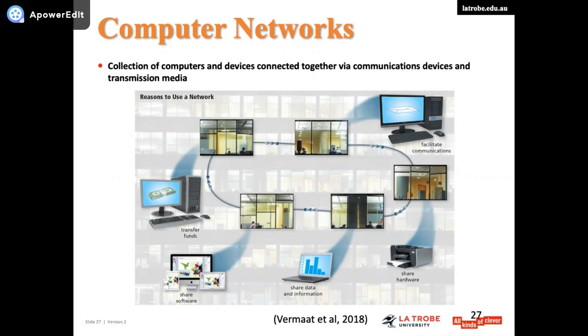Later, when the computer network was invented, people found that by connecting computers together, we can very efficiently exchange information and data. Of course, we can use networks to do more things, such as sharing hardware, so we don't have to install the hardware on each computer, or even sharing software.